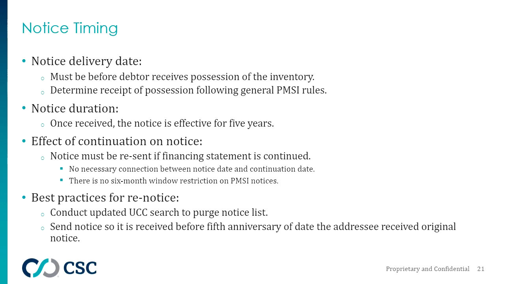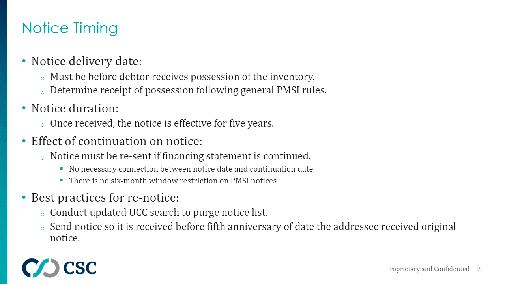So the best practices for renotice, if the financing statement is to be continued and it's necessary to resend notices, it's a good idea to conduct a search that'll allow the secured party to purge any former recipients whose financing statements have lapsed.